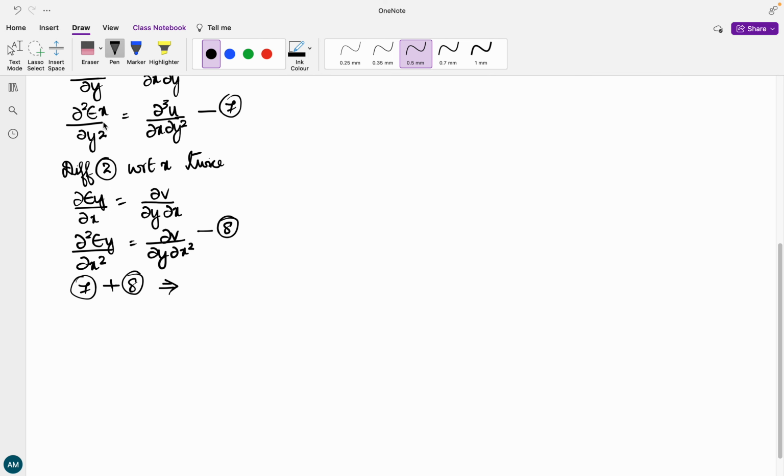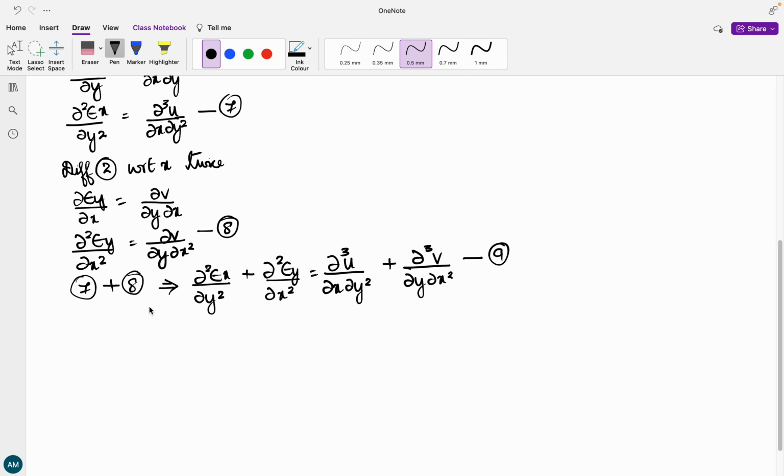Write down whatever is there on the LHS: first, dou square epsilon x by dou y square, then dou square epsilon y by dou x square. Now write down what is there on the RHS: dou cube u by dou x dou y square plus dou cube v by dou y dou x square. Call this equation 9.